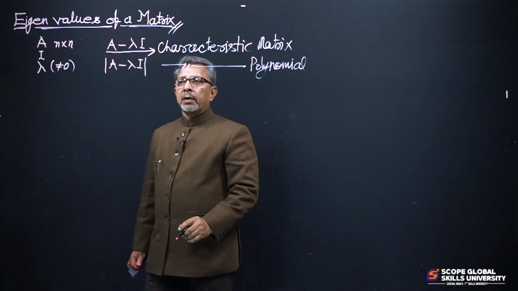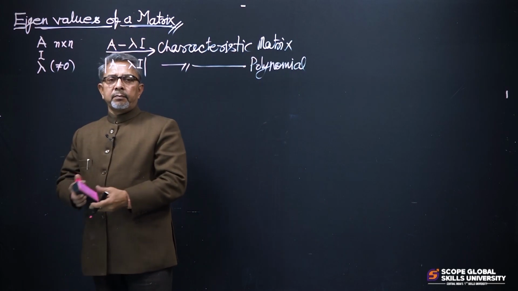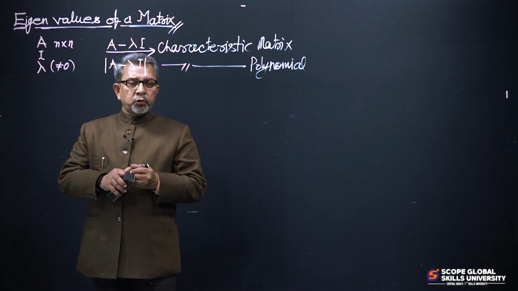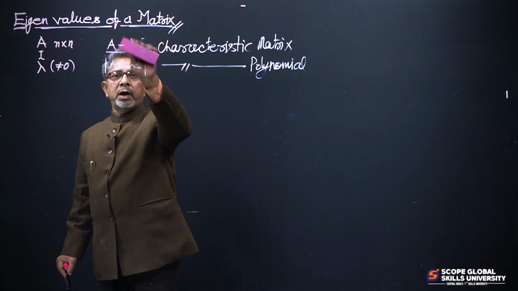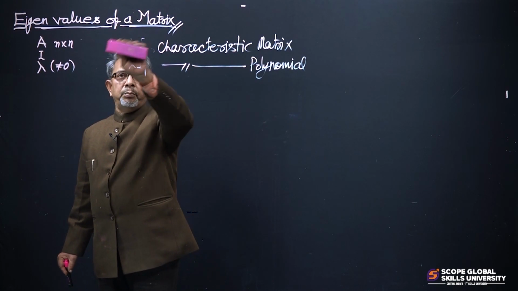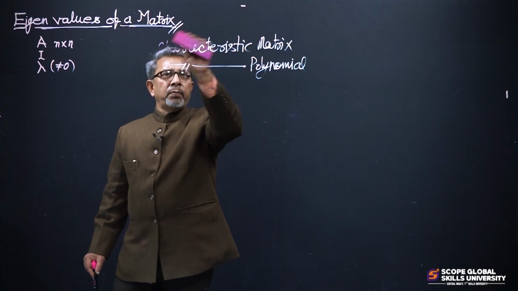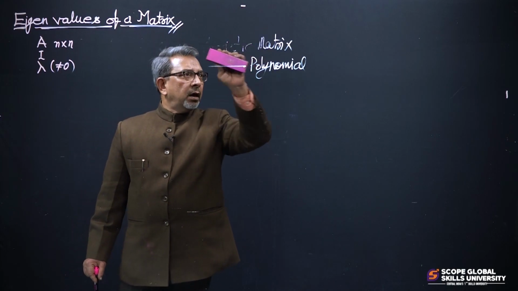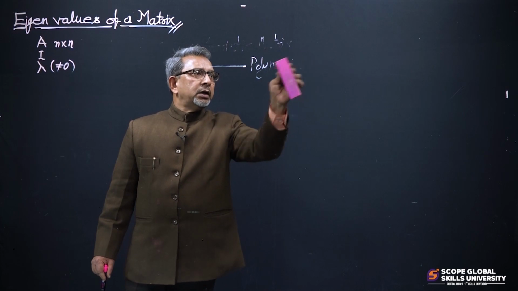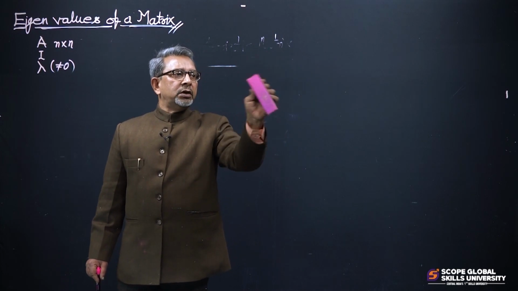And if we write this in the form of an equation, that means whenever this polynomial is equated with 0, then we get an equation. That equation is known as the characteristic equation.